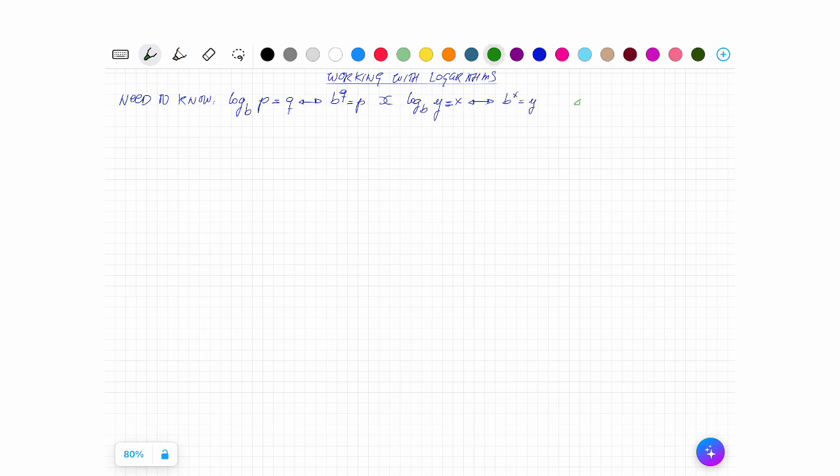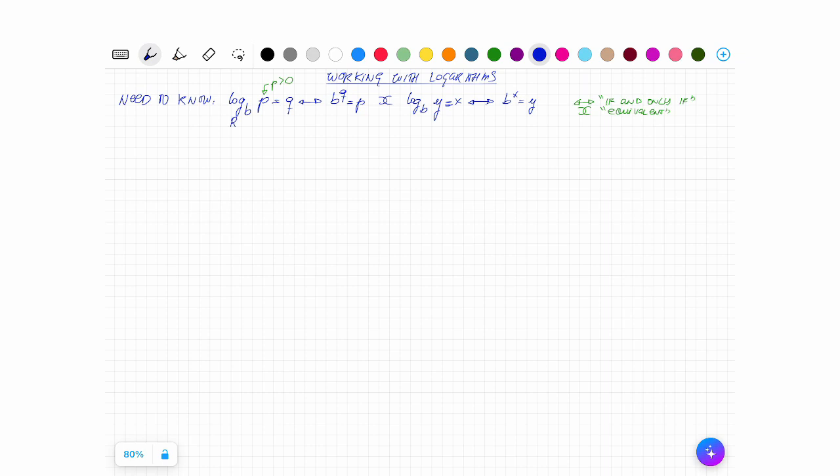And remember, I write this sign and read it if and only if. And when I see this one, I read it as equivalent, as it's the same as saying whatever comes after. And remember that this number is always positive. There are no logarithms of negative numbers.